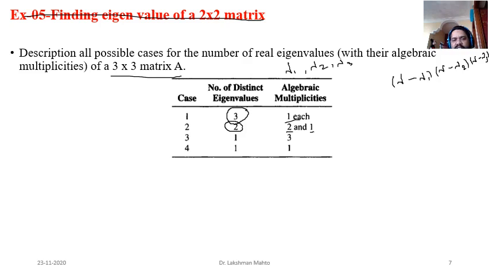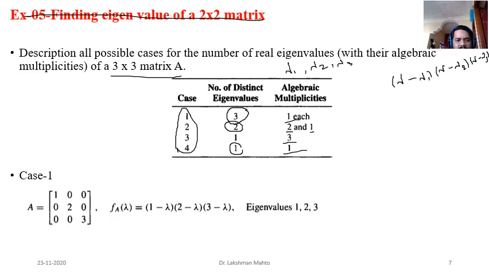That means that eigenvalue has algebraic multiplicity 3. And there is one more scenario, where there is only one real eigenvalue and the other two eigenvalues happen to be complex. In that case, the algebraic multiplicity of the real eigenvalue is 1. So we observe 4 scenarios. These are the only 4 possible scenarios we can observe for a 3 by 3 matrix. Those scenarios I will discuss case by case.